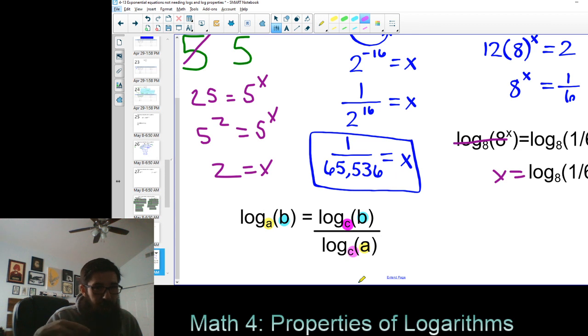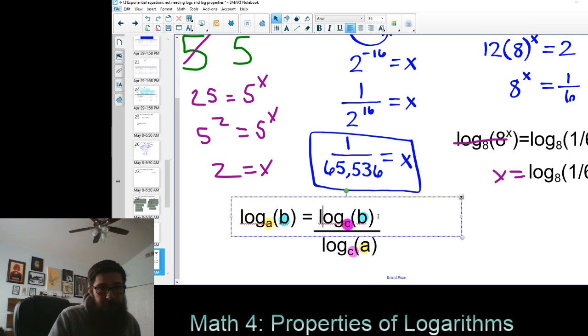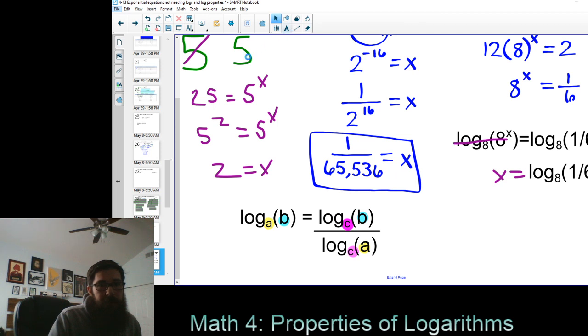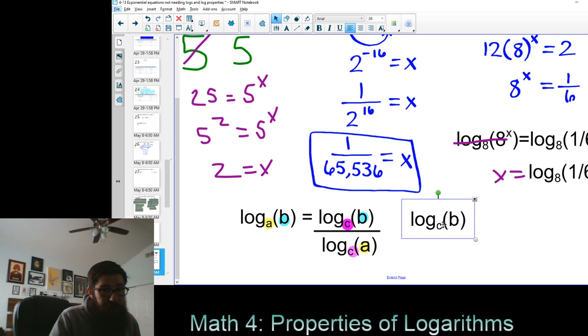The reason we do log base 10 so much is if I write this with a 10, let me copy this for a little bit of ease. C can be whatever number you want. Remember though, your calculator knows two bases.